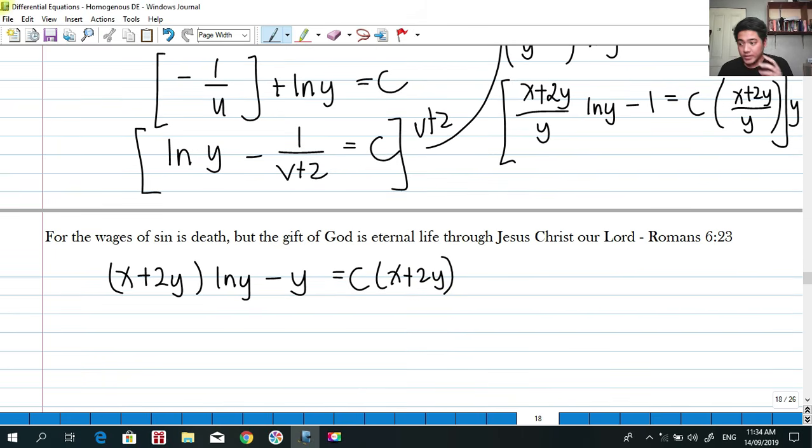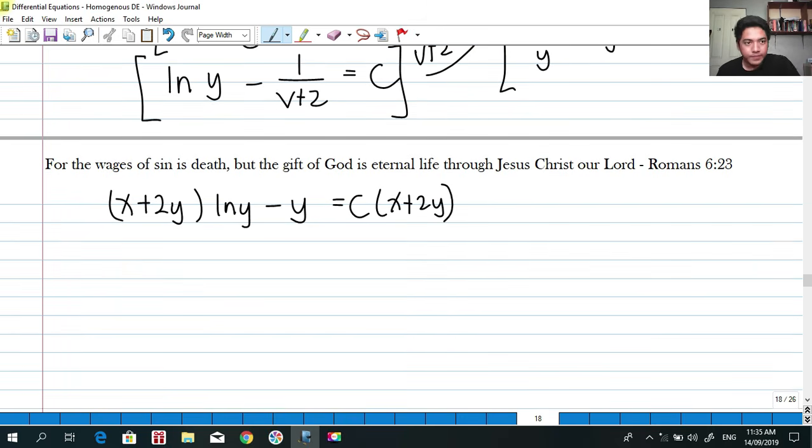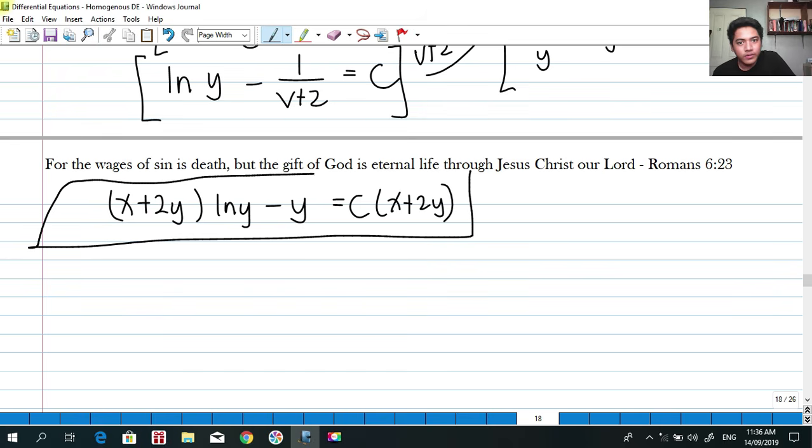That should be our general equation. So, this is our general equation. But that is not our final answer because we are given a certain condition.